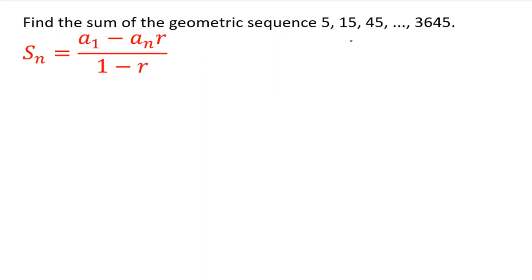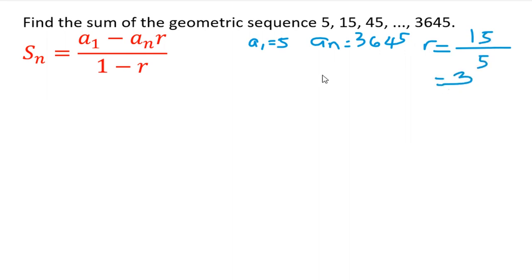So, gamitin natin yung isang formula, kasi meron na tayong last term. So, first term is 5. Last term is 3,645. And yung R, yung common ratio natin is, pata ng dalawa, so 15 over 5. And 15 divided by 5 is 3.